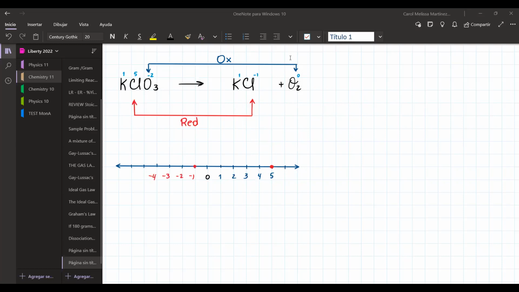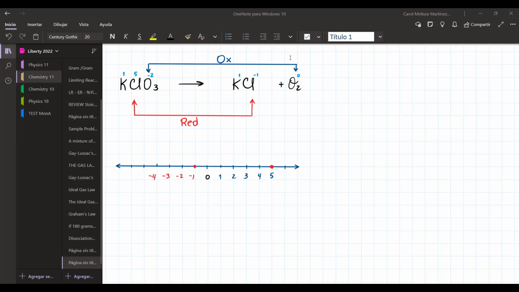So this oxidation state moved leftward, which means that reduction occurred. When in the number line you have this kind of motion to the left, we say that we have a reduction. That is the case for chlorine, which is very obvious.